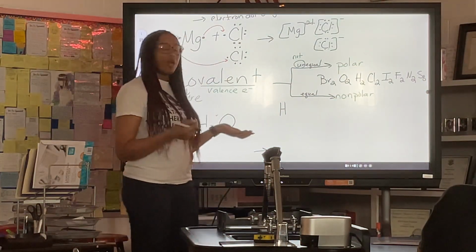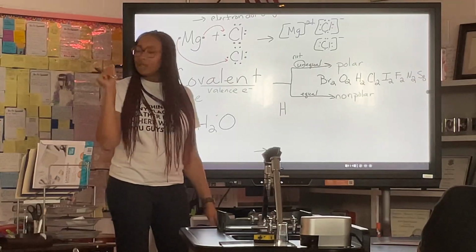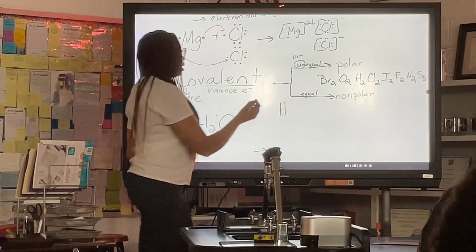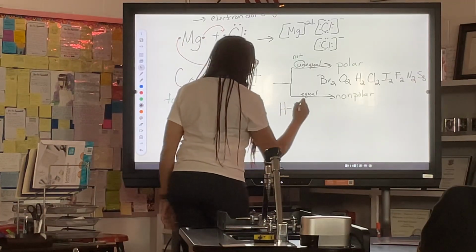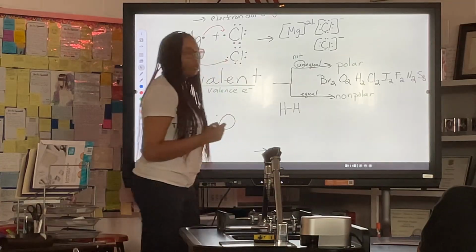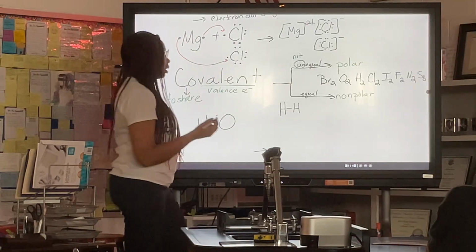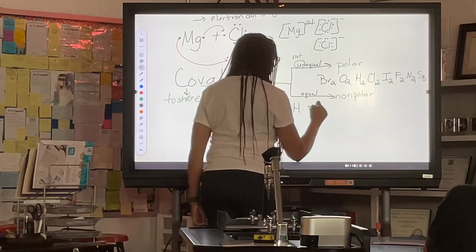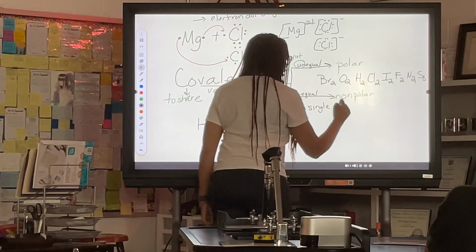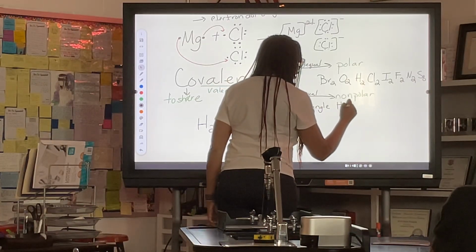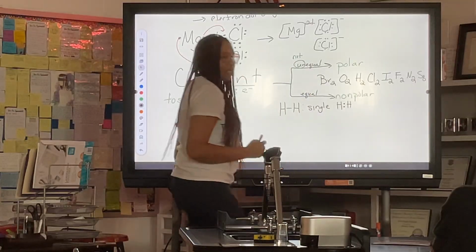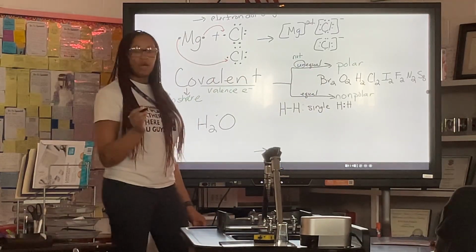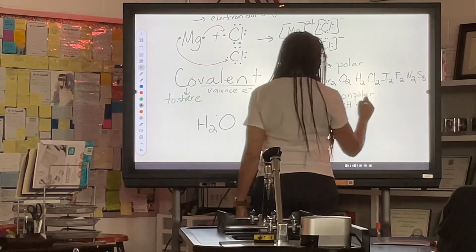So that means hydrogen can only make one bond. That's the maximum number of bonds it's going to make. So when hydrogen bonds to another hydrogen, it's making a single bond. Lines represent bonds. This is a single bond, meaning that they are sharing a single pair of valence electrons. They're sharing one pair, okay?